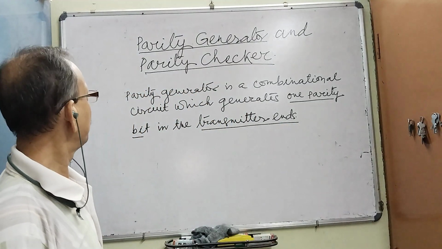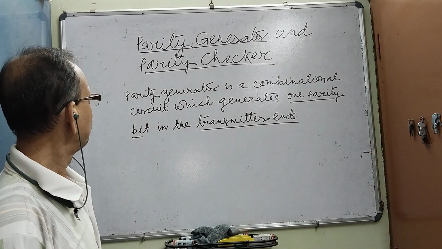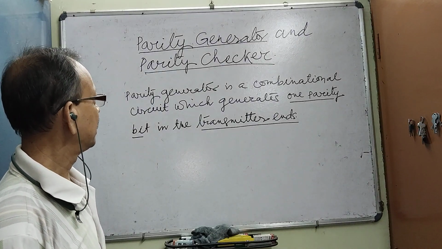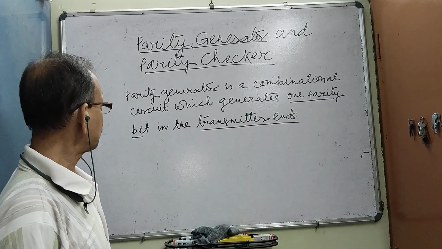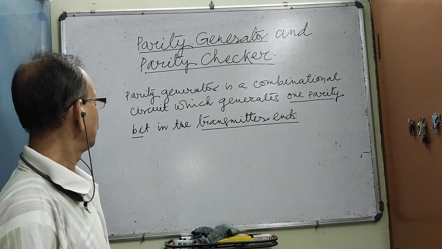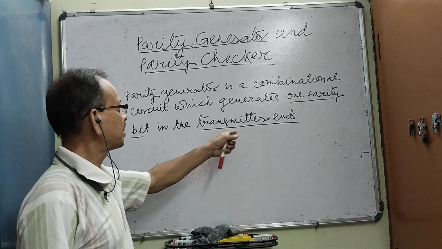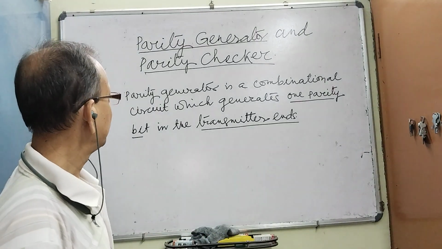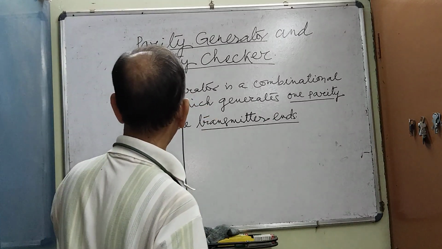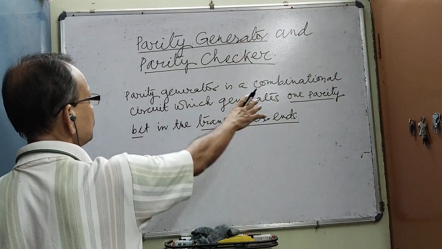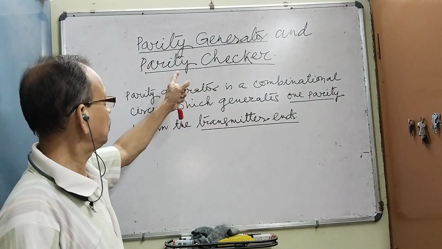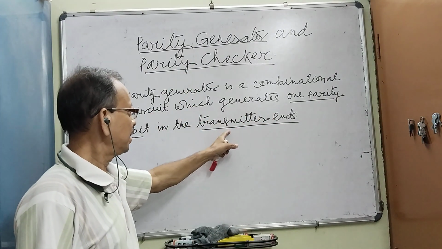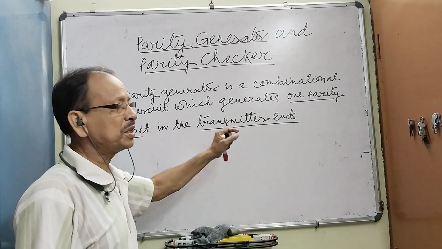So with the help of the parity generator we can generate one extra bit in the transmitter end. It will generate one extra bit at the sender side or transmitting side.